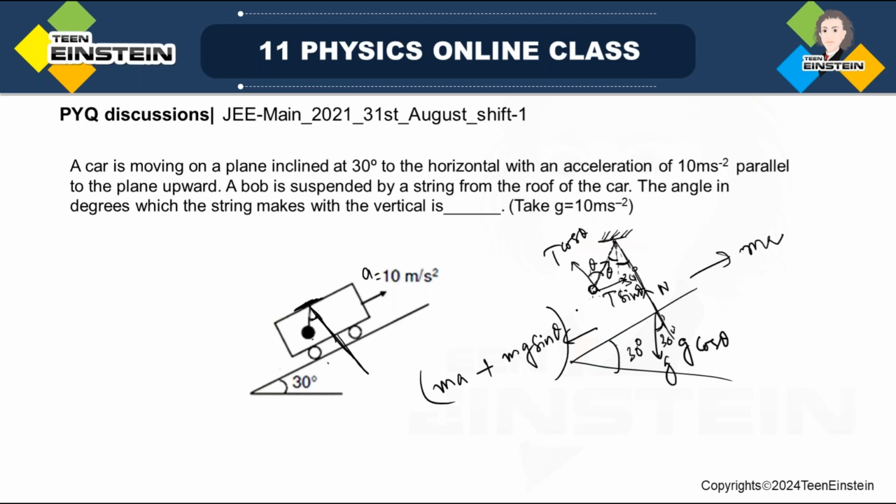So I can consider the equilibrium situation when ma plus mg sin, sorry, this is not theta, this is 30 degrees. Mg sin 30 degrees will be equal to the tension component, T sin of theta plus 30 degrees.